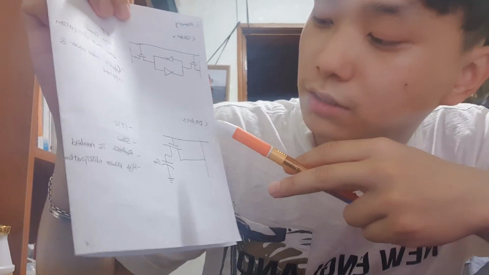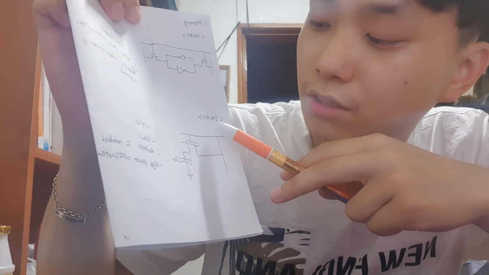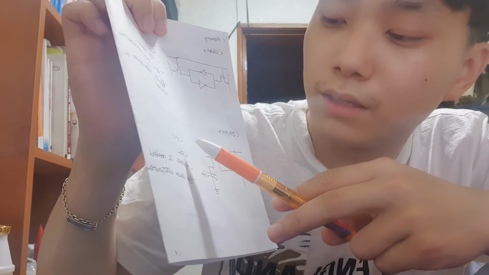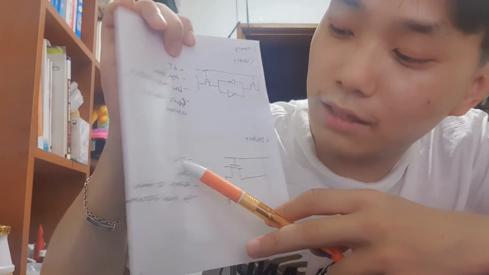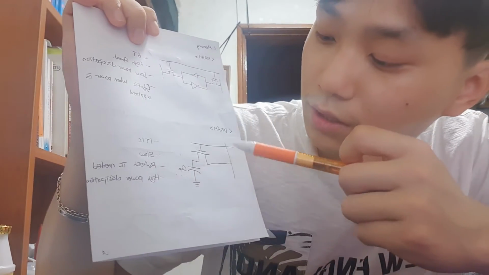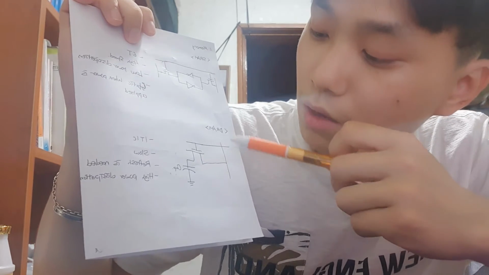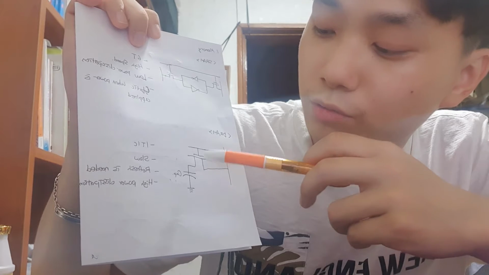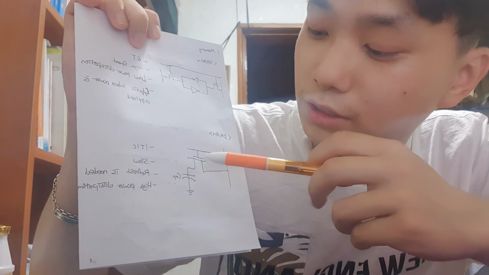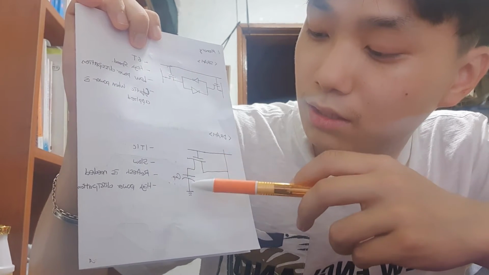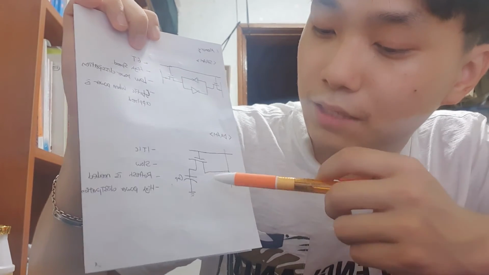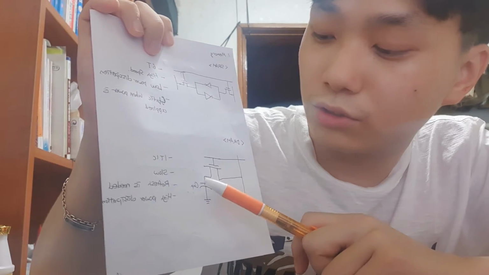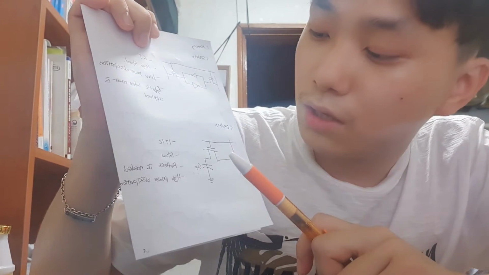The next one is DRAM. It means dynamic random access memory, and it is composed of 1 transistor and 1 capacitor. When we open the transistor, and when we close the transistor, the cap can be charged, and then we can save the electron on the capacitor.